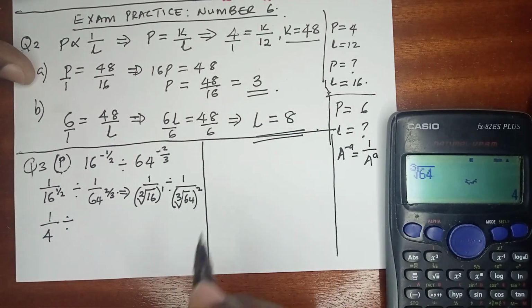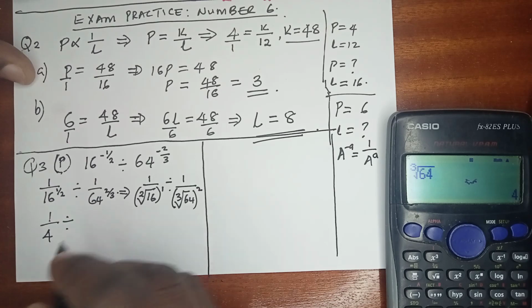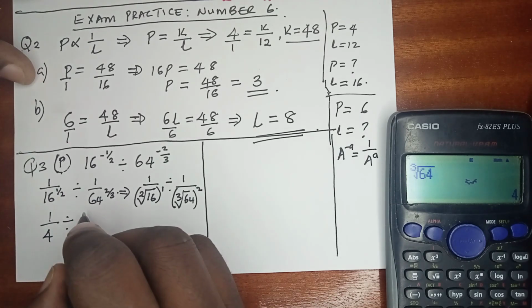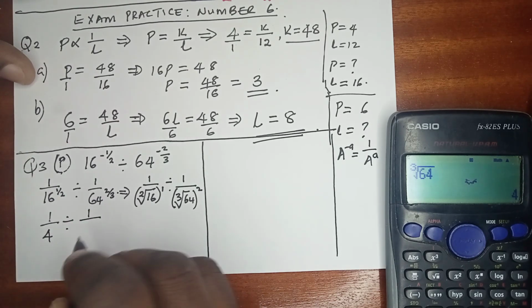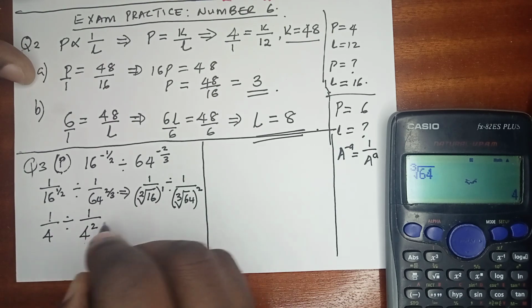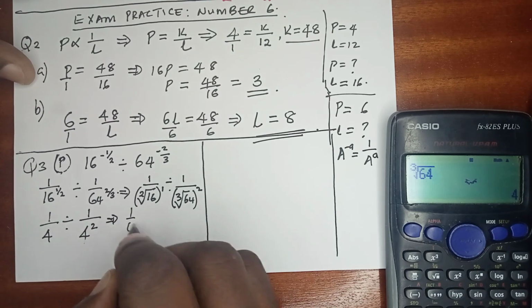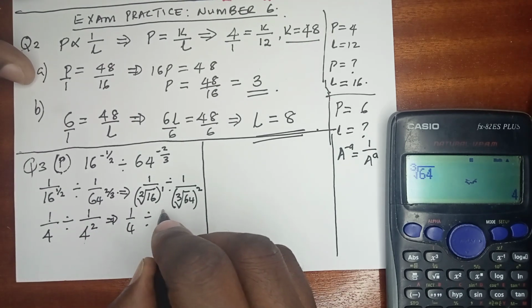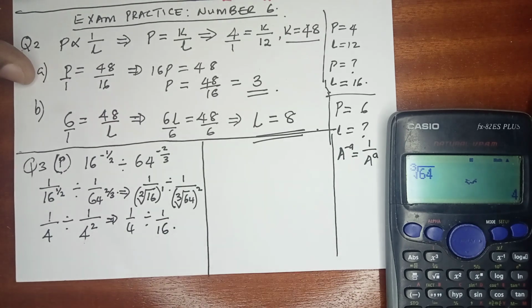So 4 squared is 16. So we have 1 over 4 divided by 1 over 4 now squared, which is 1 over 4 divided by 1 over 16. And as we have always said, if we ever divide a number by a fraction, it is the same as multiplying by the reciprocal of the divisor.